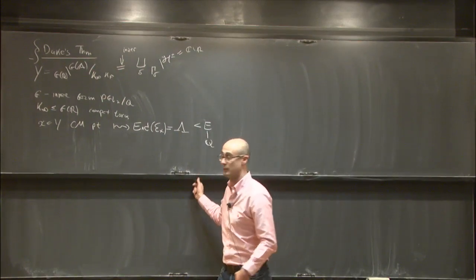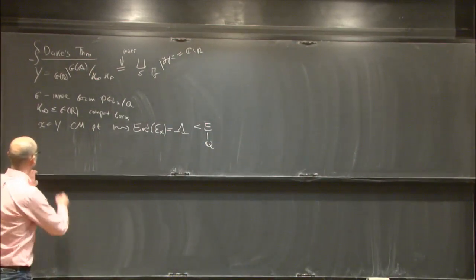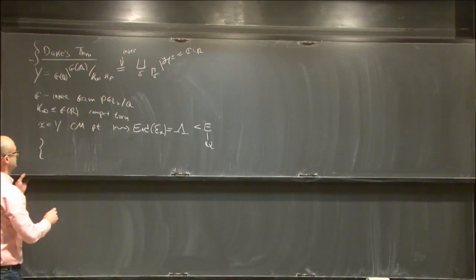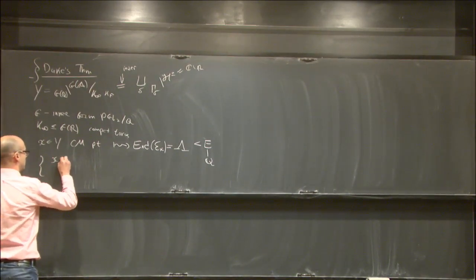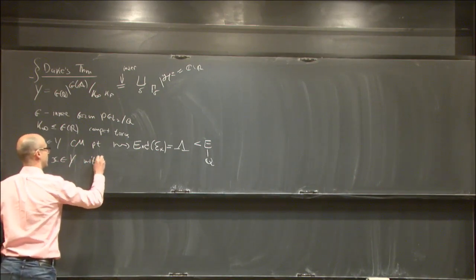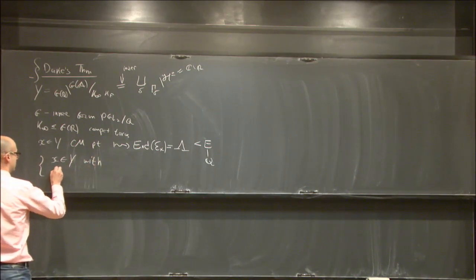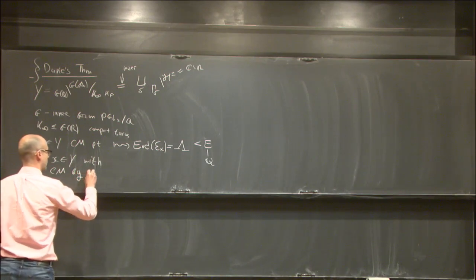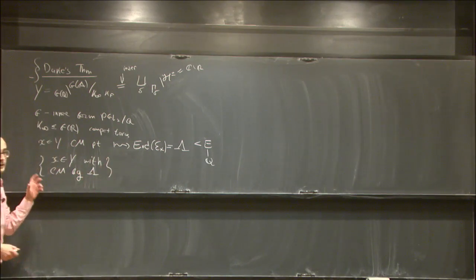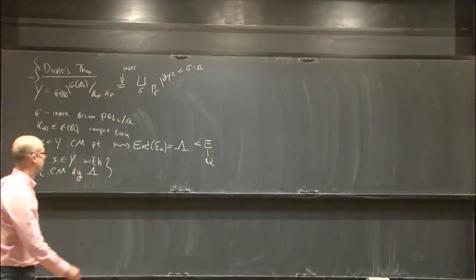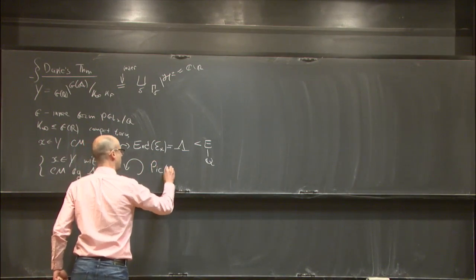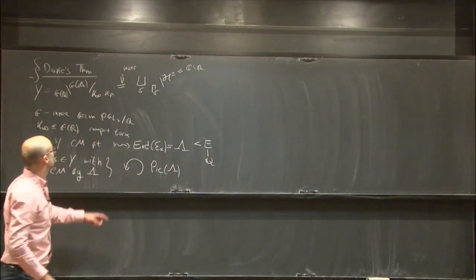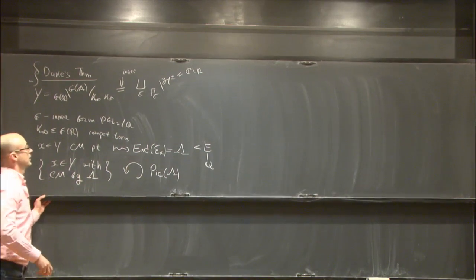And there's some more information maybe. And now this set of CM points, you think about all CM points for some fixed order lambda. So you fix an order lambda and you look at all the CM points with this fixed order. You have some finite collection, and there is an action, I would like to say, of the Picard group. But because this K, okay, I didn't say what K finite is.